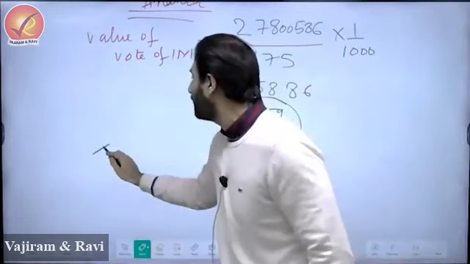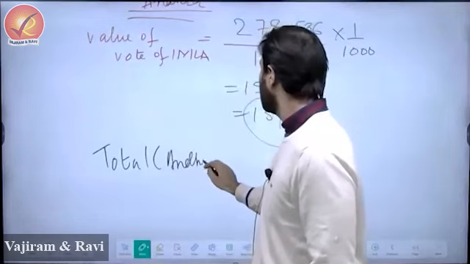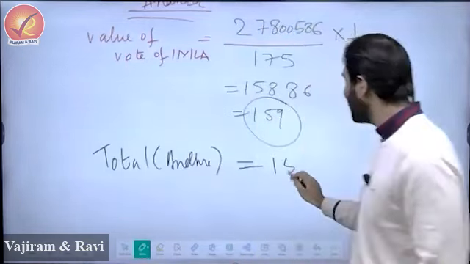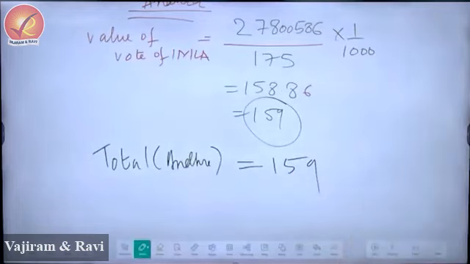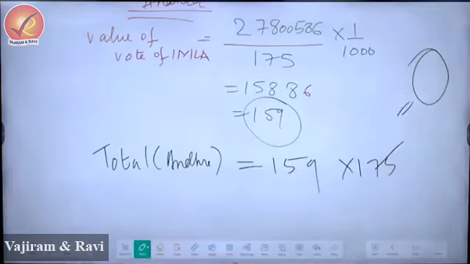Total vote value of Andhra as one state will be what? Yeah, it is 159, the value of the vote of one MLA, into 175, that is the number of MLAs that Andhra has. This entire calculation has been done by Election Commission for all of our states.